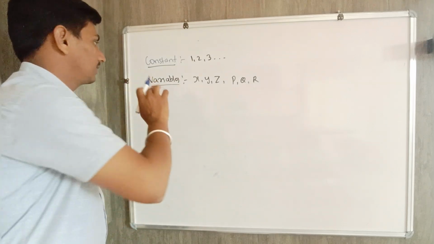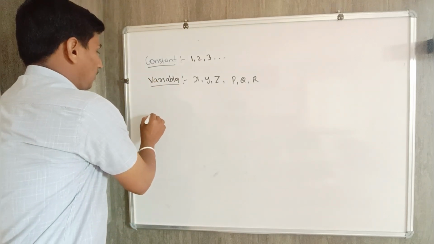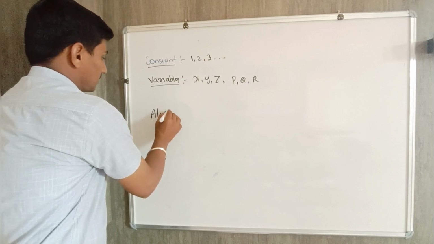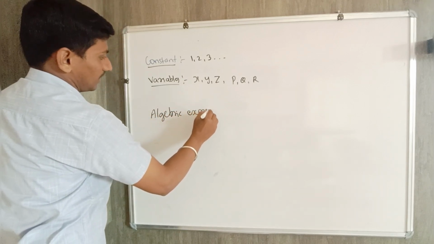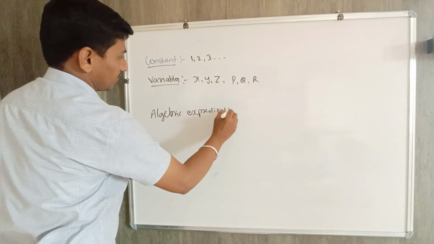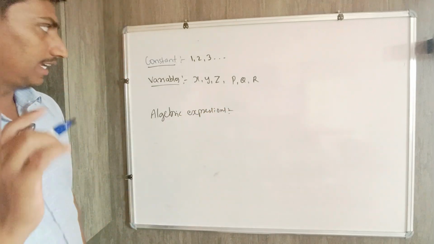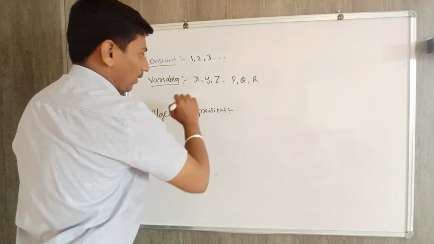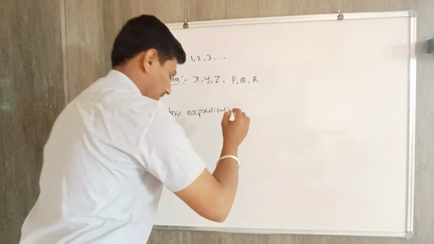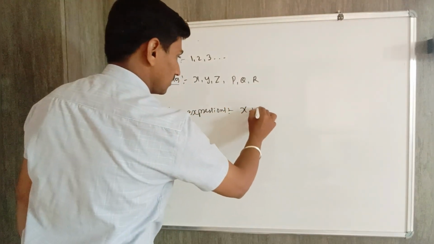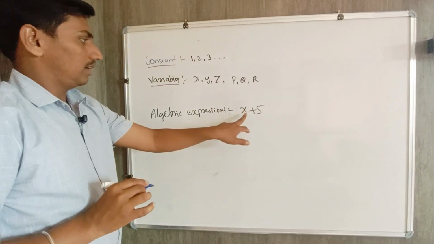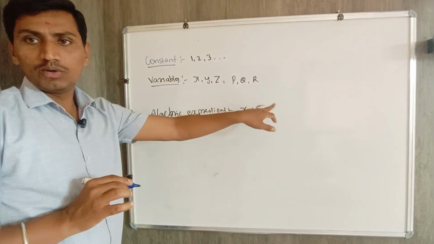Now tell me, one algebraic expression. Algebraic expressions. Example, see, one constant, one variable. One constant plus one variable plus one constant.